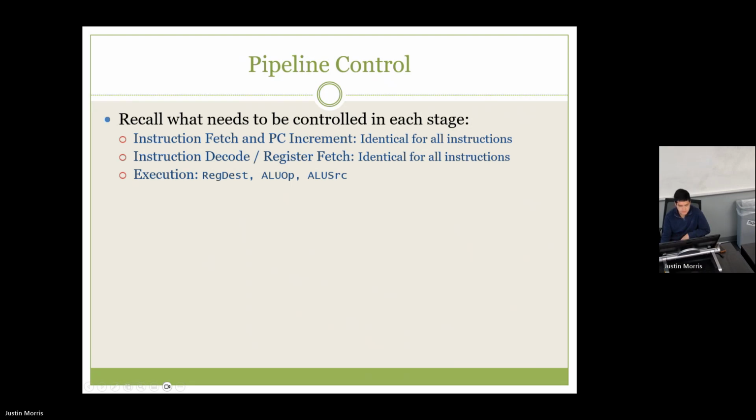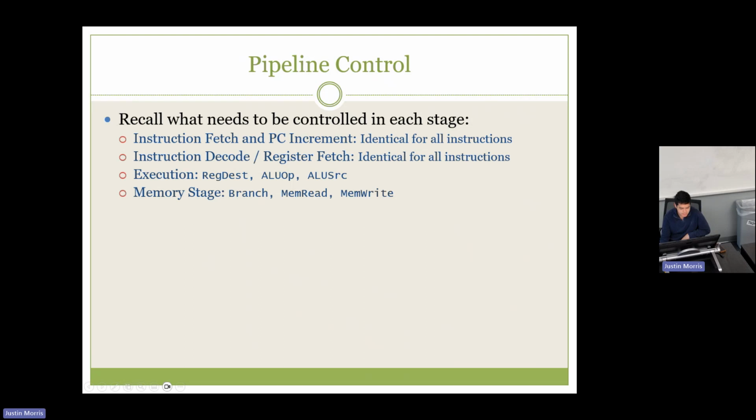But for the execute phase, which is the first phase that we're actually using these control signals, right? Because I need to know what is my register destination. I need to know what is the ALU op. This is the 2-bit code that is calculated again from opcode. What is my ALU source? Is it going to be the data from RT, or is it the sign extended immediate?